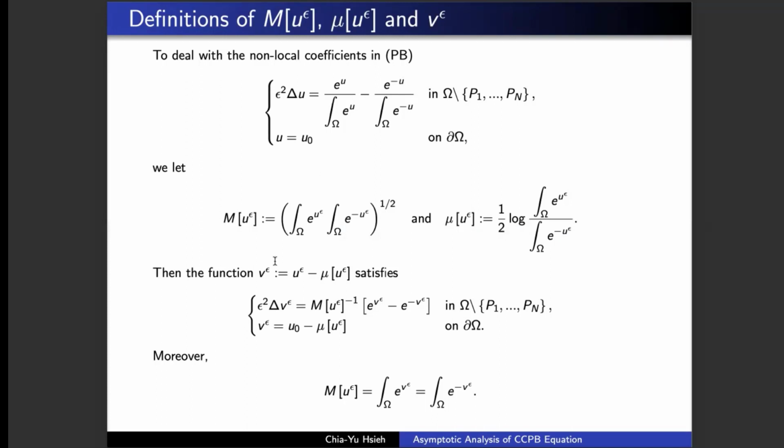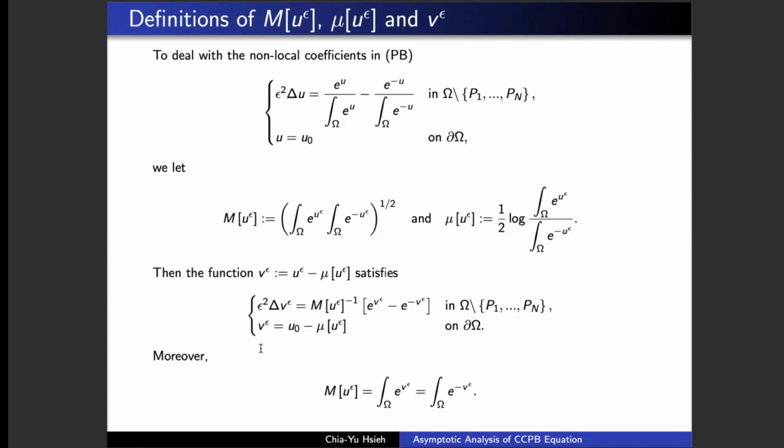So in the first step, we find a transformation: we let capital M equal the square root of the product of these two integrals, and mu equal the log of the quotient of these two integrals, divided by 2. Then if we define V equals U minus mu, V will satisfy this equation.